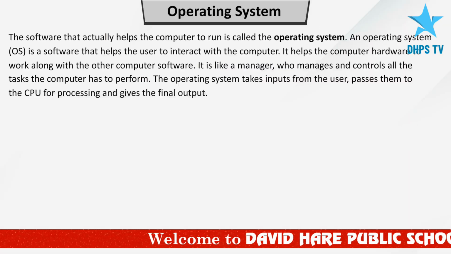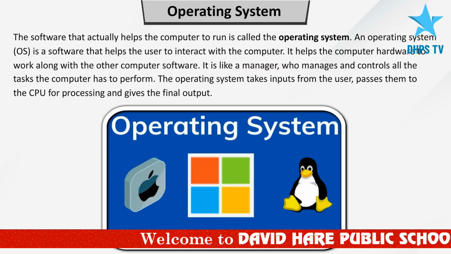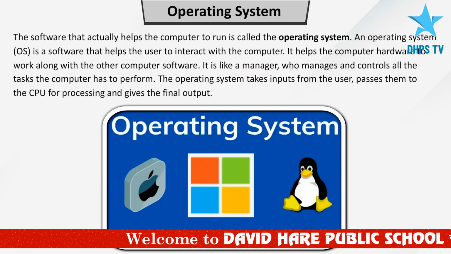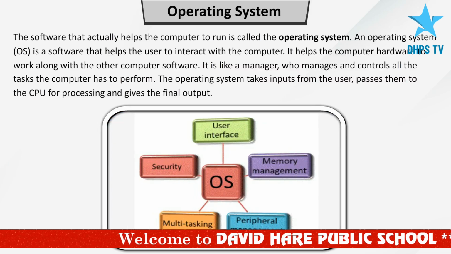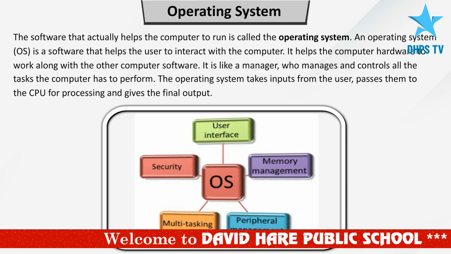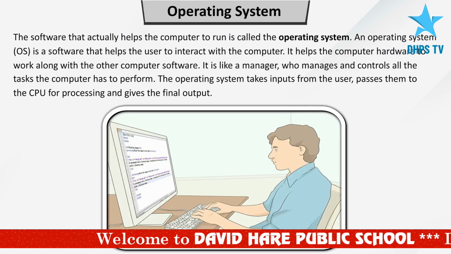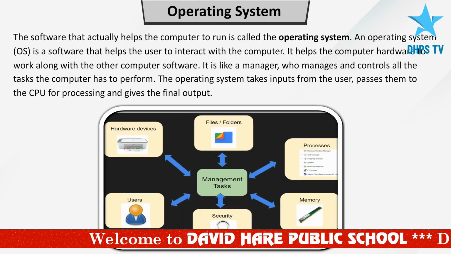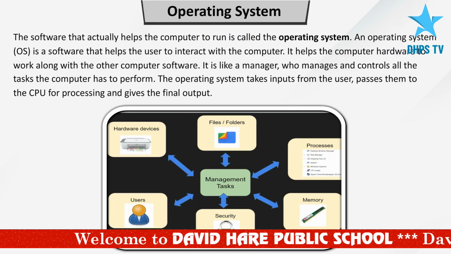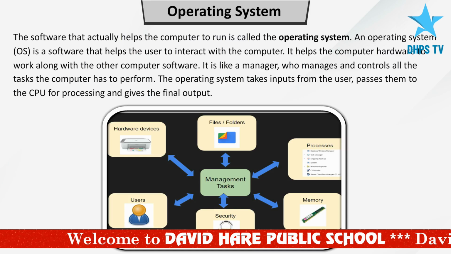Operating system. The software that actually helps the computer to run is called the operating system. An operating system, OS, is a software that helps the user to interact with the computer. It helps the computer hardware to work along with the other computer software.